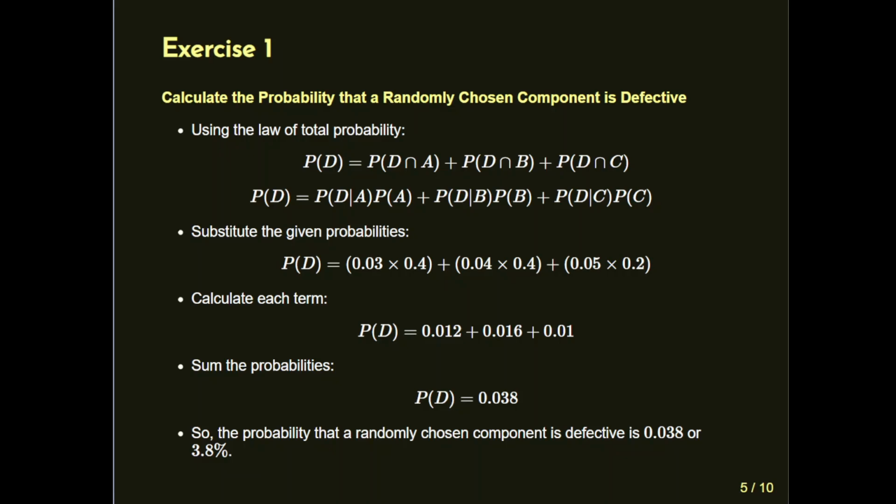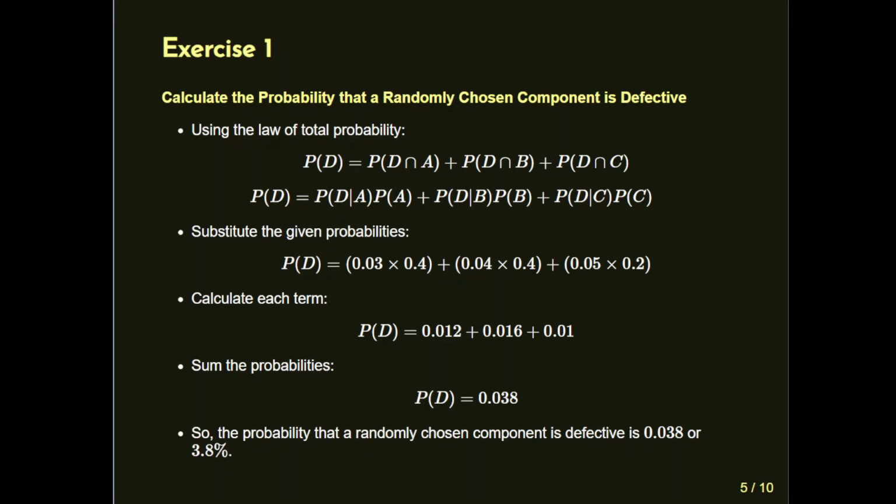So D intersection A becomes the probability of D given A times the probability of A. D intersection B becomes the probability of D given B times the probability of B. And finally, probability of D intersection C is probability of D given C times the probability of C.